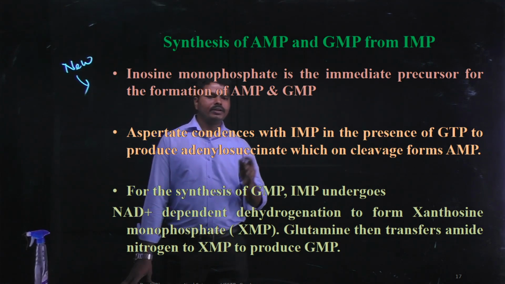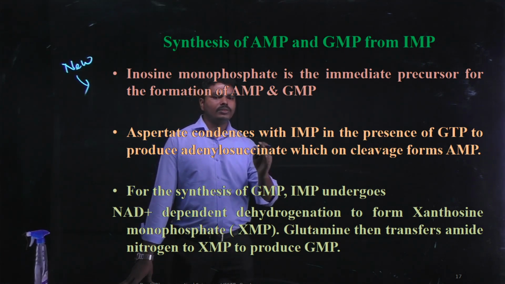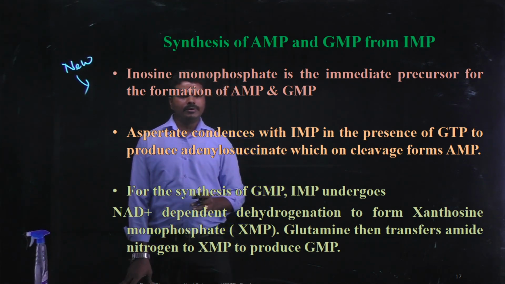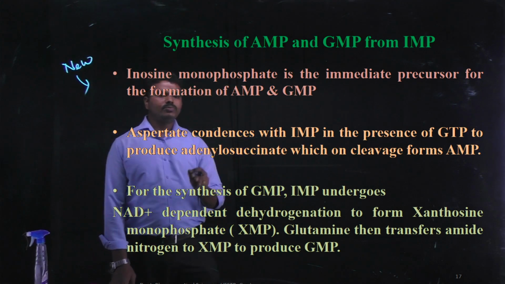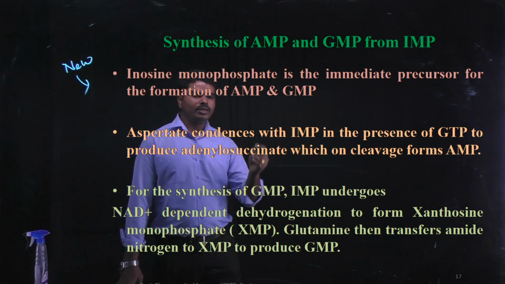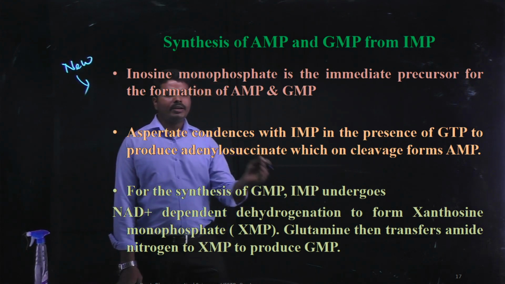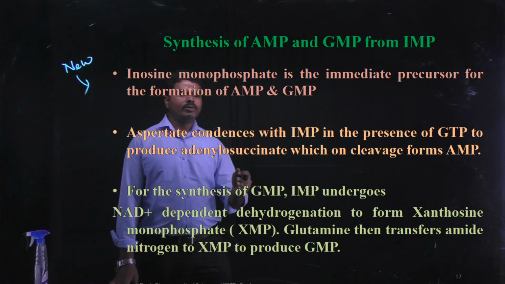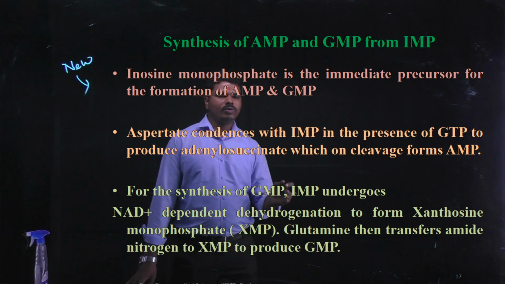After formation of the xanthosine monophosphate, it will receive amide nitrogen from the glutamine, thereby it will be converted to guanosine monophosphate.